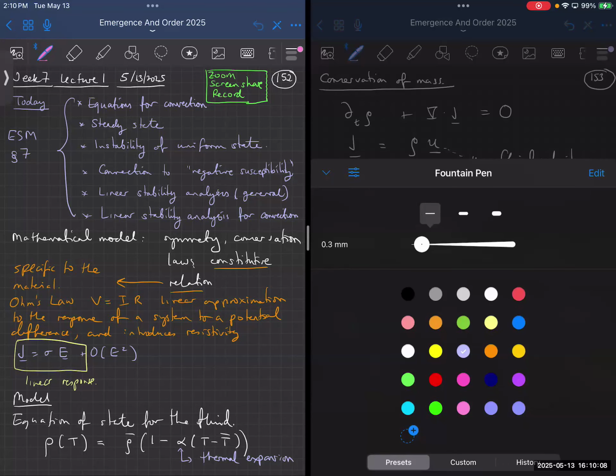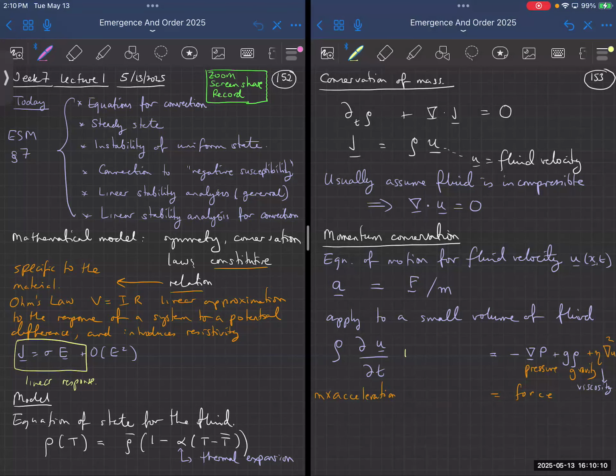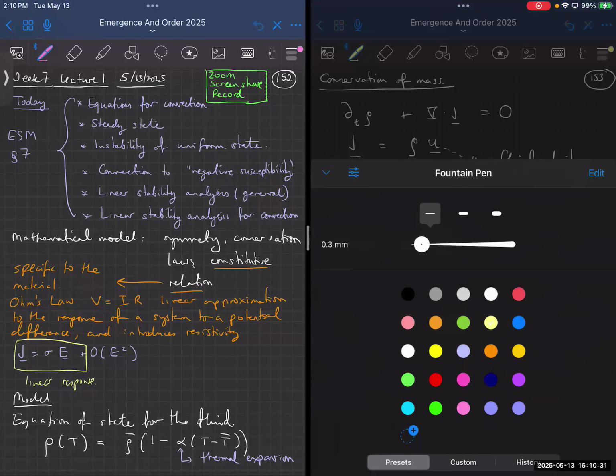That's not quite correct. We have another term that comes in here, and that term is this one, u grad u. And this term is known as the advective term. And this has a nonlinearity in it.